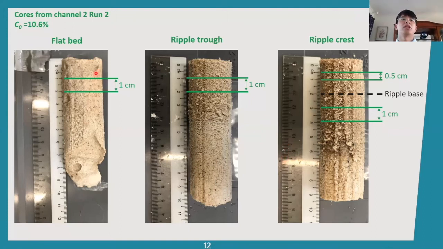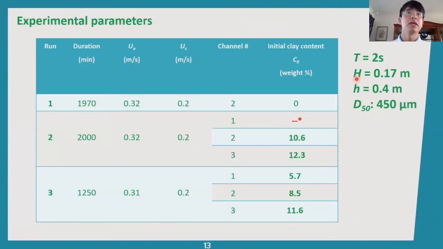For the sediment cores collected from the flatbed and the ripple trough, we sliced them into 1 centimeter intervals for further grain size analysis. For the portion corresponding to the ripple crest, we sliced into 0.5 centimeters to provide better resolution within the ripples.